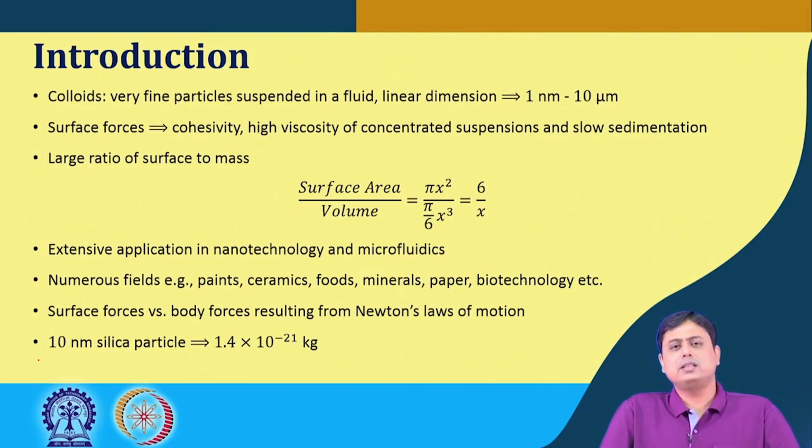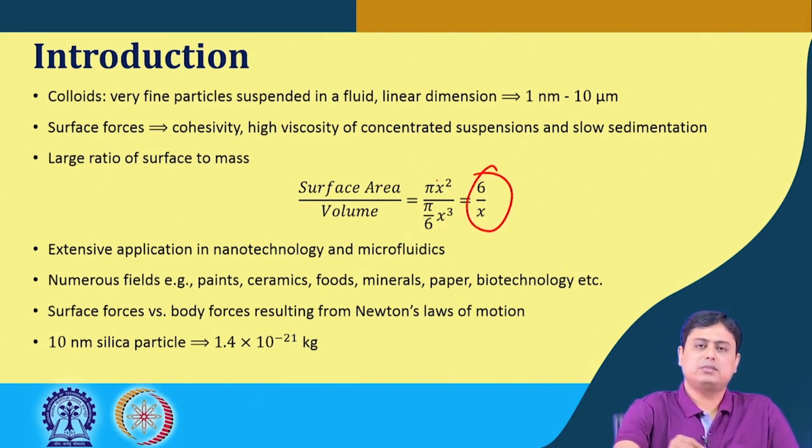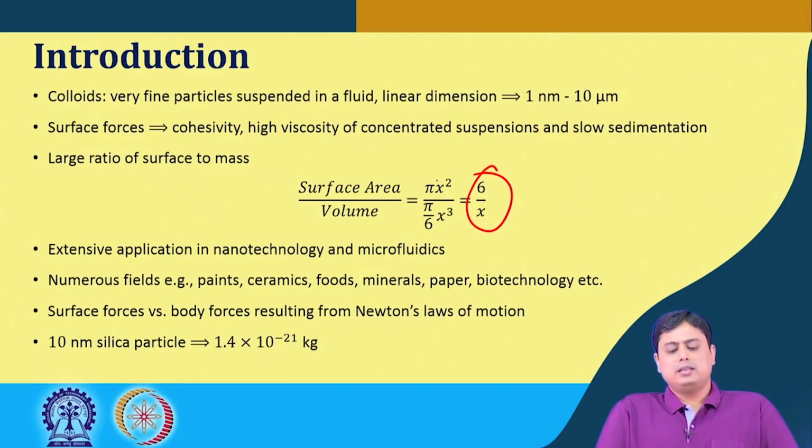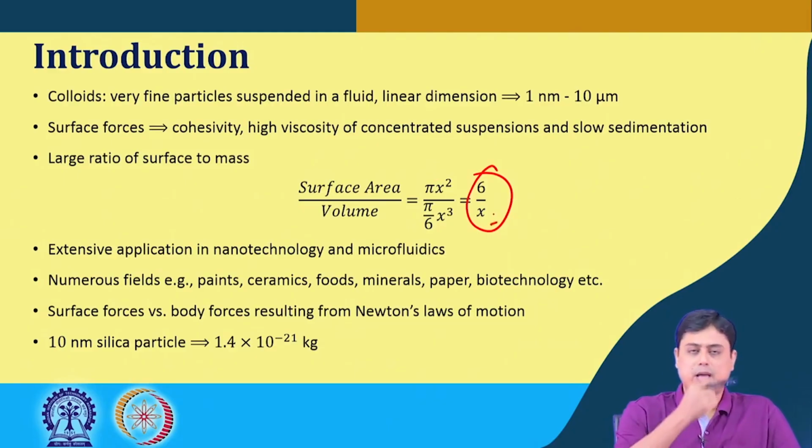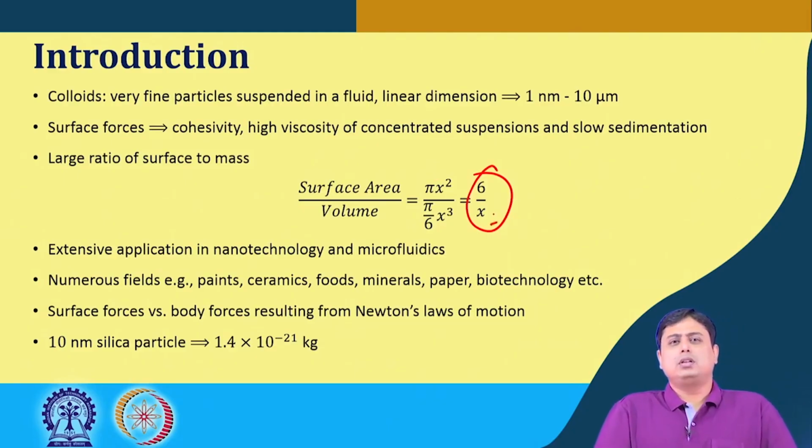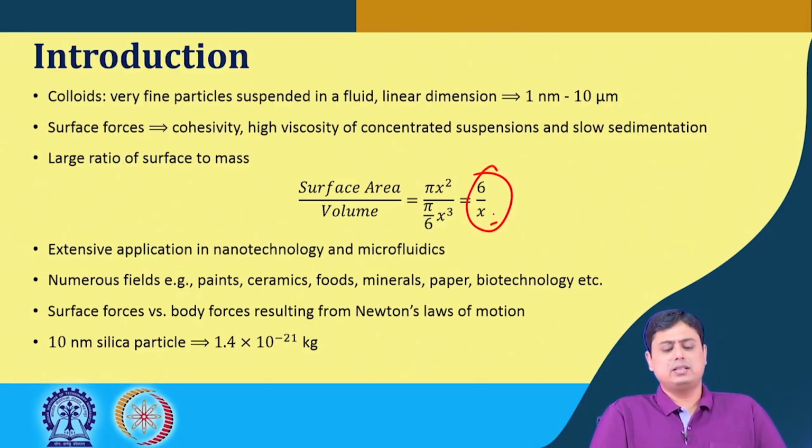For a fixed density of the particle, the material density of the particle, the surface area to volume ratio, considering a spherical particle, say, is 6 by x. So, if the particle size x, the diameter of the particle, goes down or decreases, we can see that the surface area per unit volume increases.